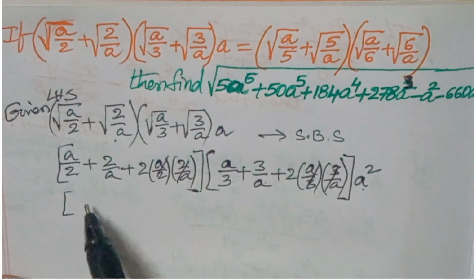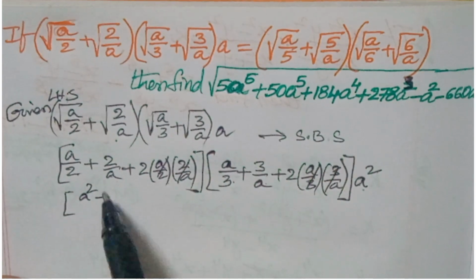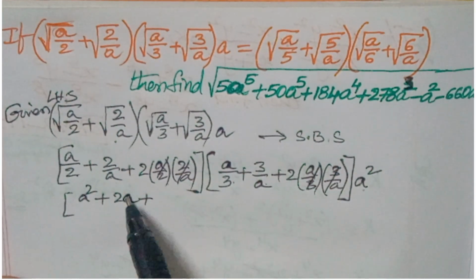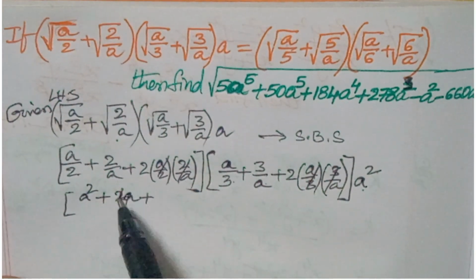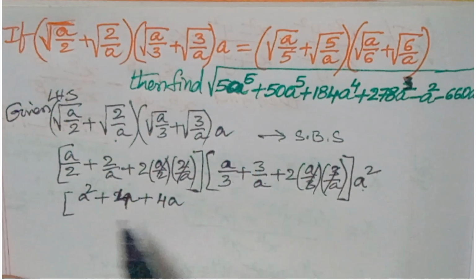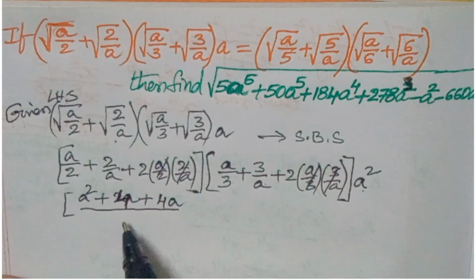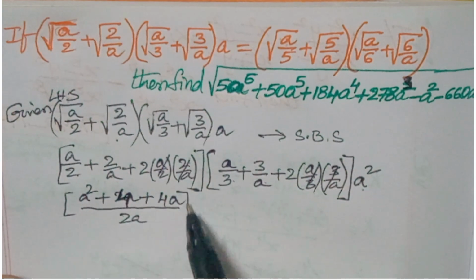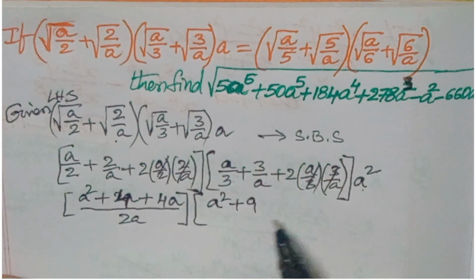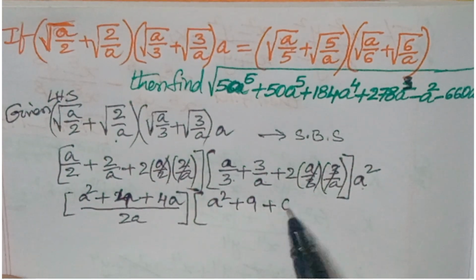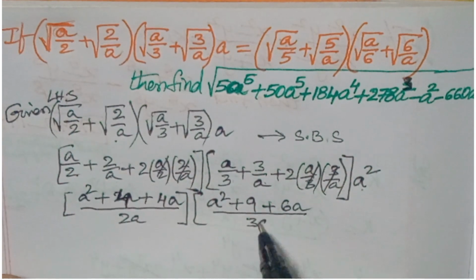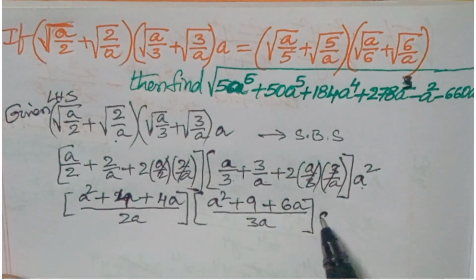Now if you take the LCM, you will get (a^2 + 4 + 4a) in the numerator with denominator 2a. For the second one, what will we get? (a^2 + 9 + 6a) by 3a, into a square.